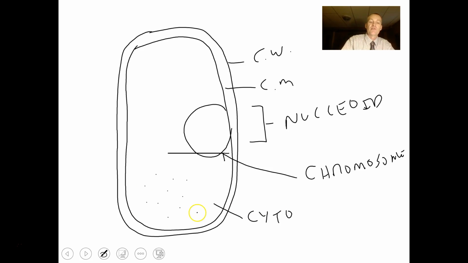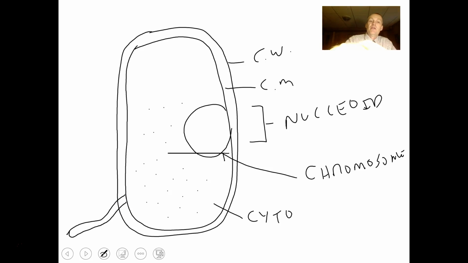I'm creating them as little dots inside, and those are little protein factories that the cell will use to make protein. Also, some of these prokaryotic cells will have a flagellum. This is a whip-like structure that comes out of the plasma membrane and will create movement for the cell.